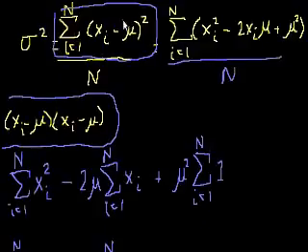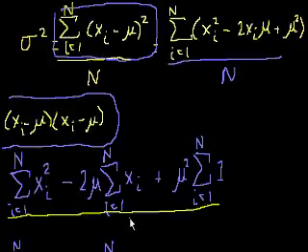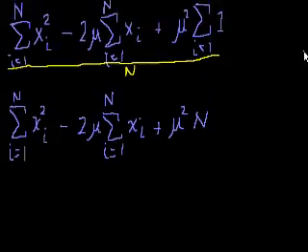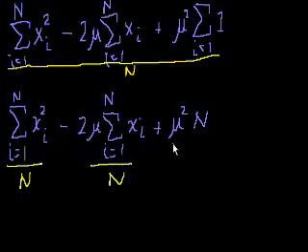So this simplified to that divided by n, which simplifies to this whole thing divided by n, which is the same thing as each of the terms divided by n, which is the same thing as that, right?